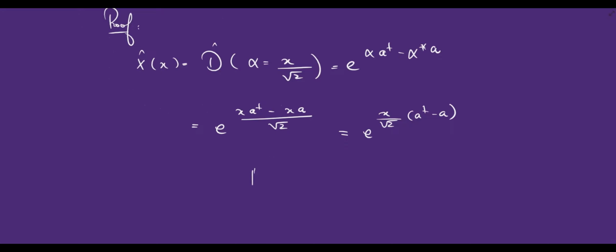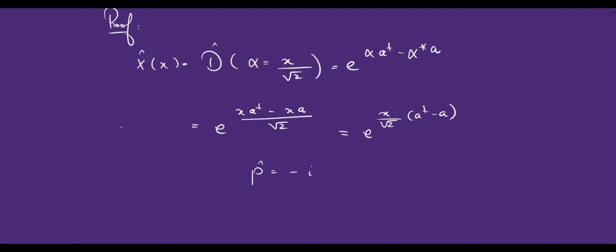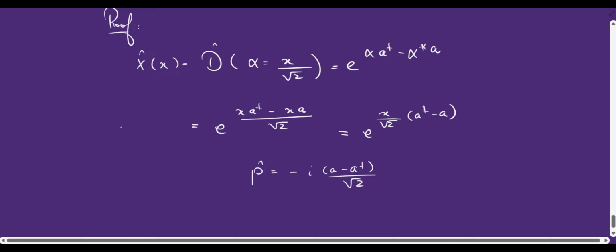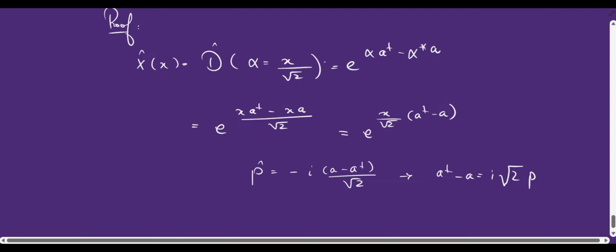but p-cap is equal to minus i times a minus a dagger by root 2. So this implies that a dagger minus a is equal to i root 2 times p.